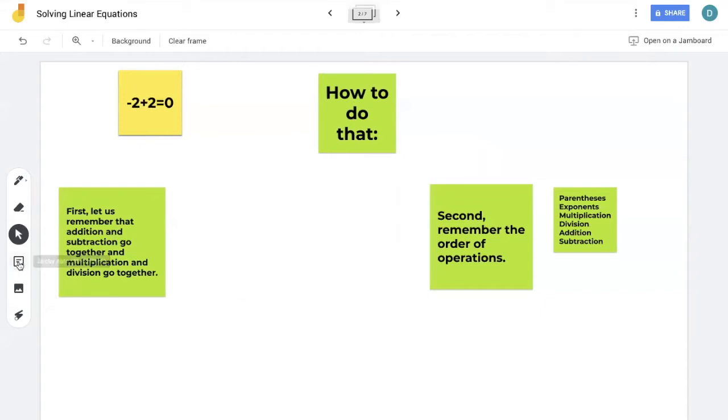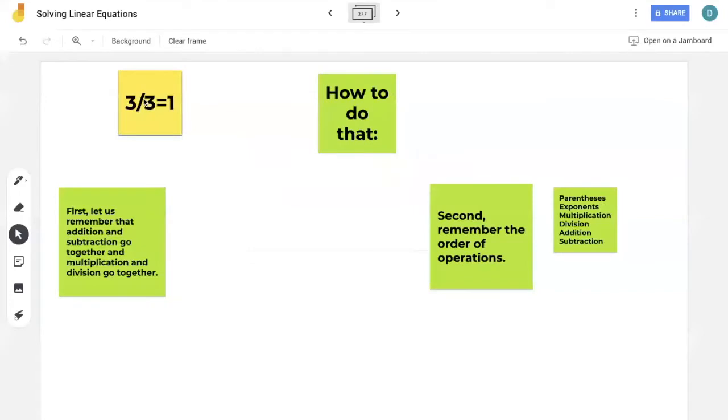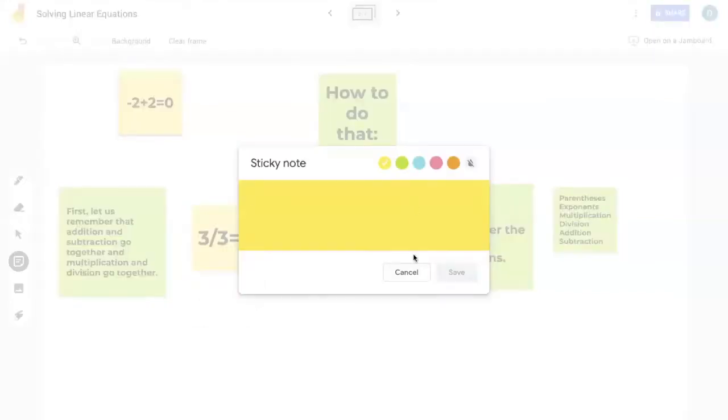The other thing is multiplication and division, right? So we could say 3 divided by 3 equals 1. Or 4 divided by 4 equals 1. Or you could say 1/5 times 5, which is technically 5 over 1, equals 1.